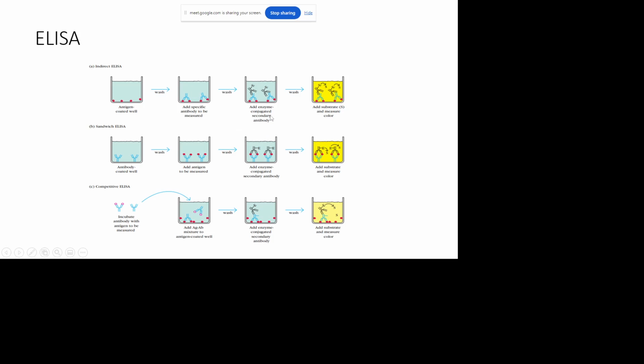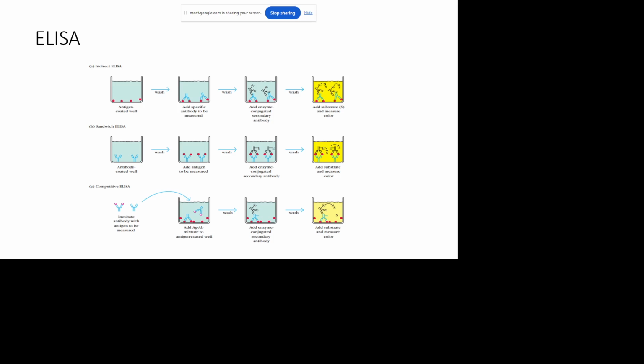Those antibodies will bind to the antigen, and upon washing, the unbound antibodies will be washed away. Then you will add enzyme-conjugated secondary antibody. This secondary antibody has an affinity towards the Fc region of the primary antibody, so it will bind to the Fc region of the primary antibody, and then again washing. After washing, you can see that there is an enzyme conjugated with the secondary antibody.